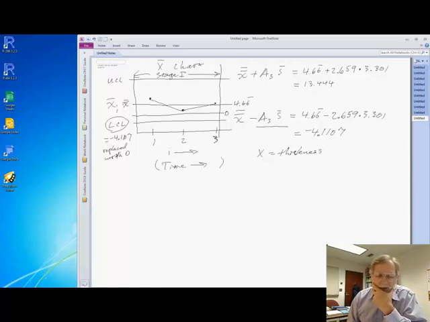So if we make a part that has 0 thickness, we should be indicating signal, which is pretty silly, and it begs the question, what's going on here?